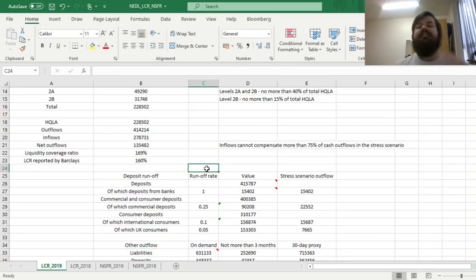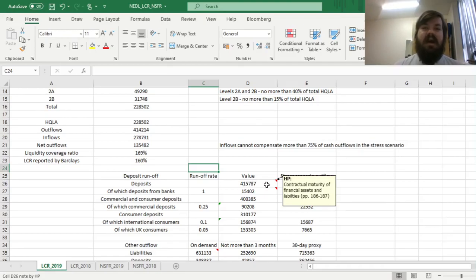And here, Basel again provides some reasonable proxies, some reasonable run-off rates. Run-off rates represent a proportion of a particular section, a particular group of deposits that would be liquidated in a stress scenario. Well, first of all, we get a total amount of deposits that are currently held by Barclays customers within Barclays.